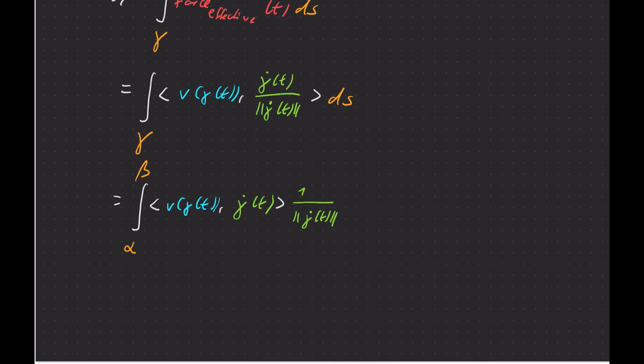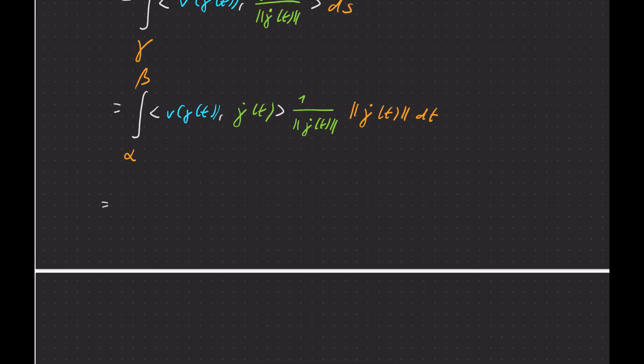Okay, we're taking this out. And then for the integration along the curve, you remember what we have to do is multiply the actual function, this is the function that we integrate, with the norm of the derivative of the curve, so with the norm of gamma dot. And we integrate over t, the time.